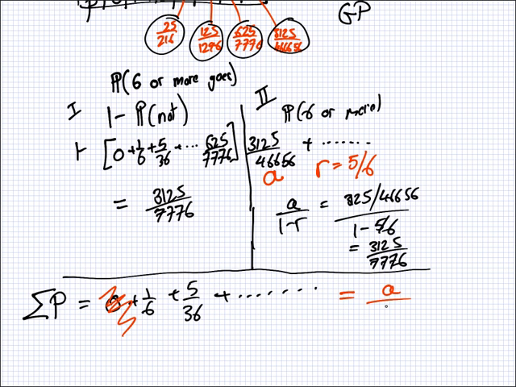Equals A over 1 minus R. In this example, what's the A? 1 over 6. And the R is? Yes. So that would be 1 over 6 over 1 over 6, which is 1. So even if the table is infinite, it still all adds up to 1.